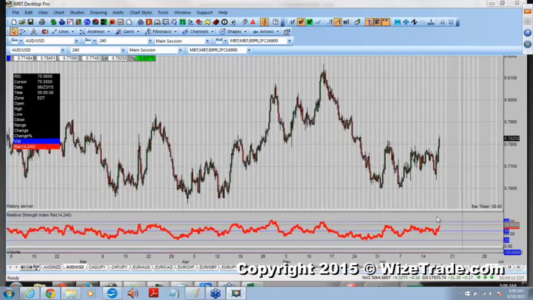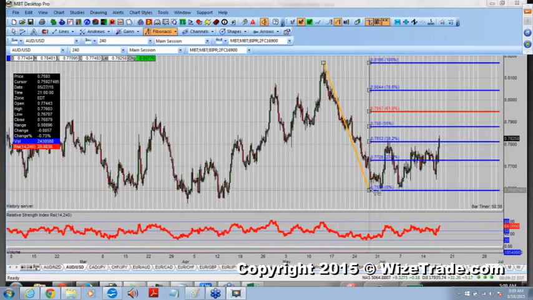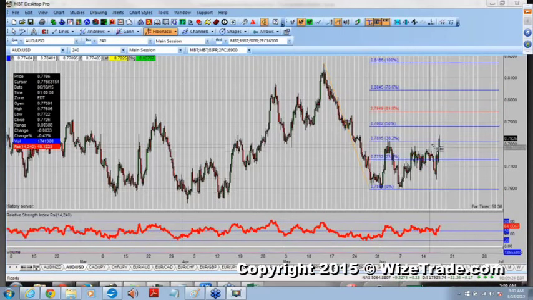So when you're looking at this chart, you go, okay, we're past the 38% retracement. Looks like we're breaking out. We have some horizontal resistance up here that we're struggling with at the moment.